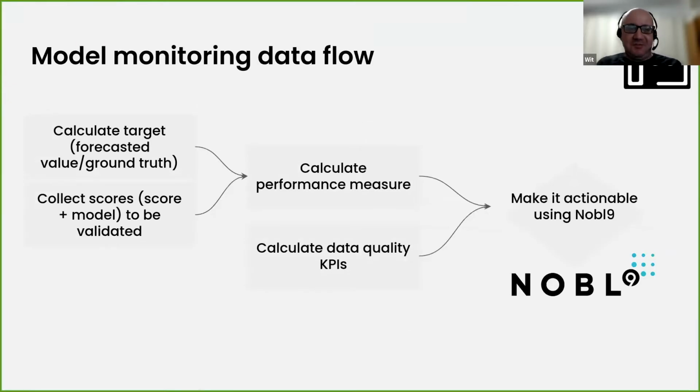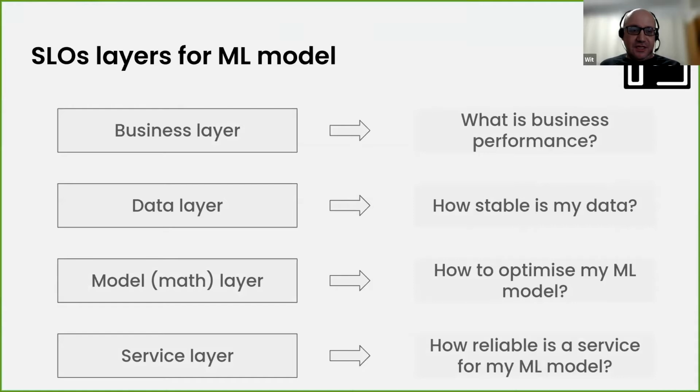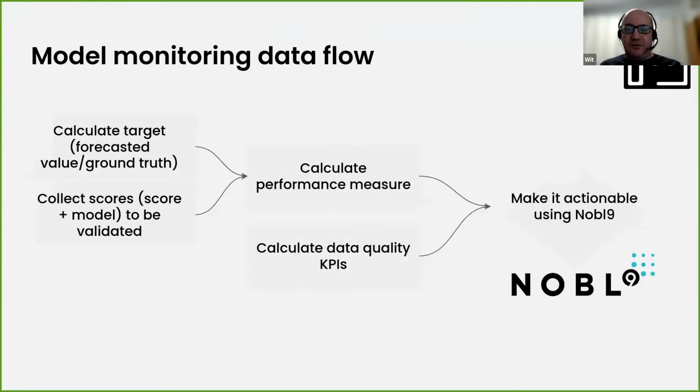This is depicted on the slide. You calculate the raw measures, put them into a storage, and then there is the question of how to make an automated closed loop or feedback loop that helps you manage the models at scale.